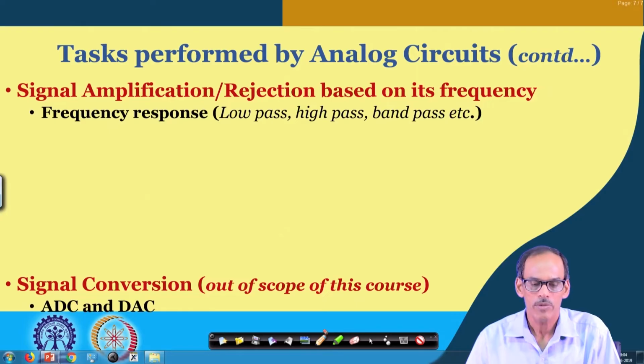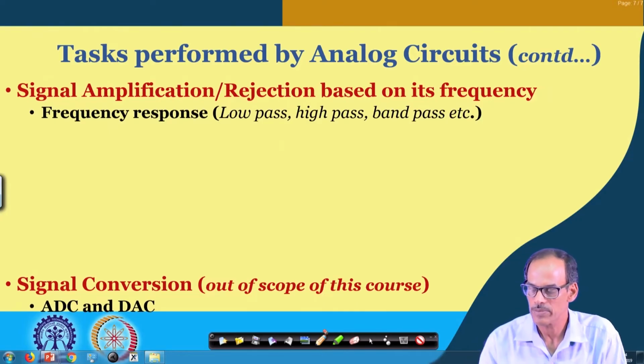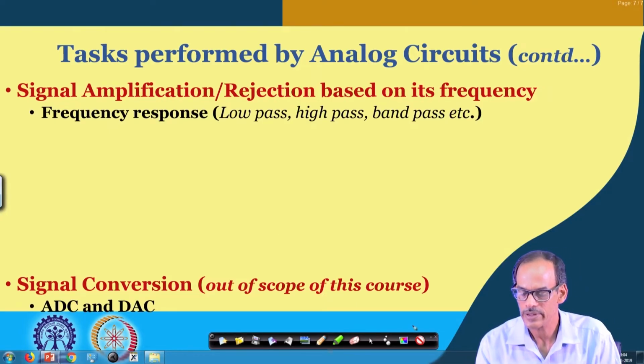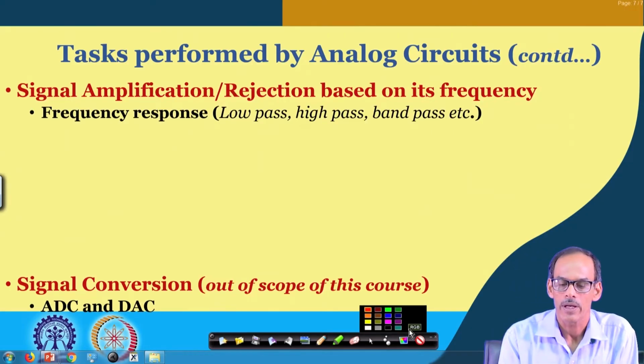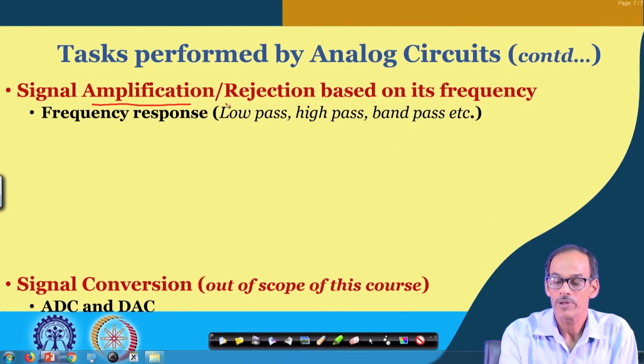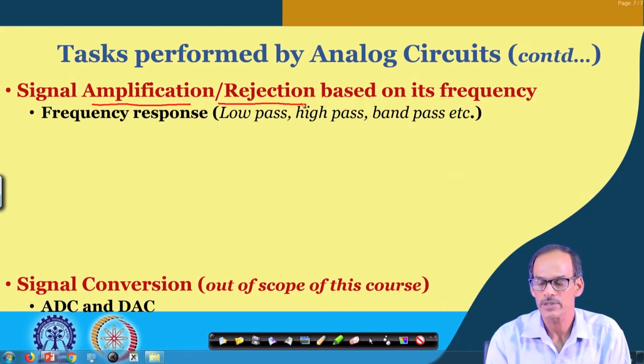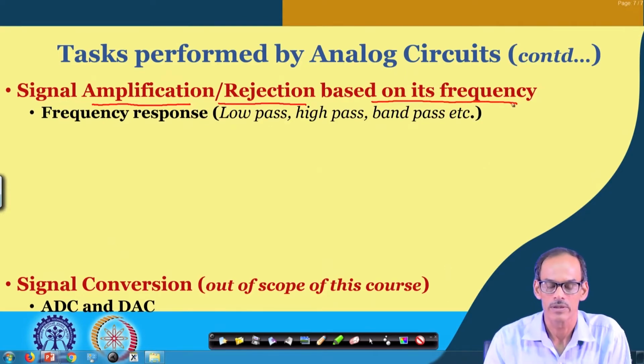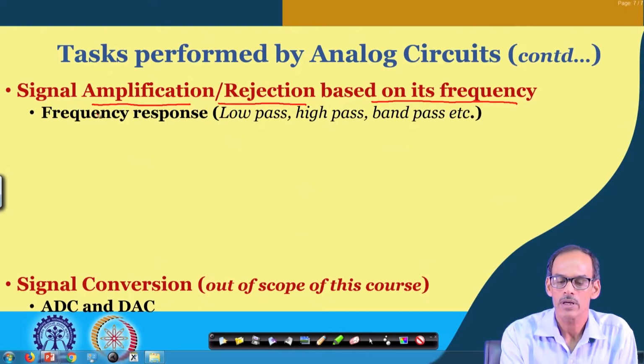So, the second task to be performed by an analog circuit is amplification of the signal, or maybe even attenuation of the signal or rejection of the signal based on the frequency of the signal, which means that it does some intelligent task based on the signal frequency.